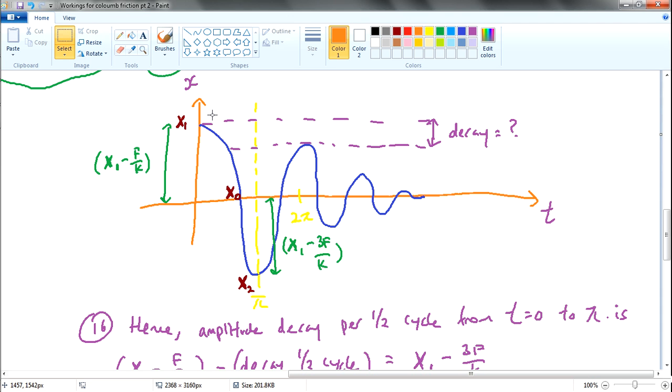Maybe I explained it in a wrong manner. This portion is not the same as this portion. It's maybe a little bit shorter, or maybe not. It shouldn't be. Okay, my apology.